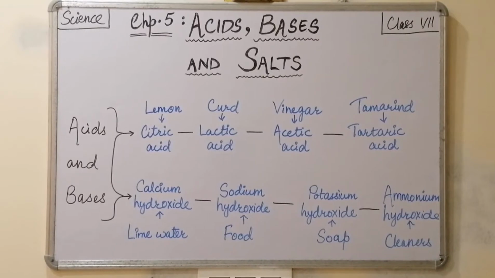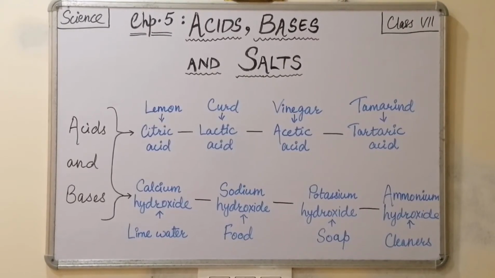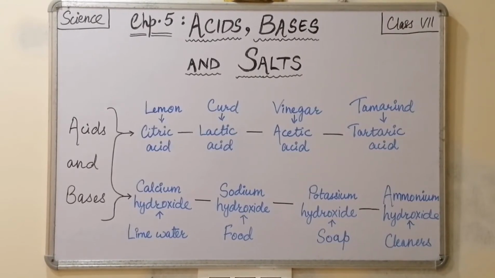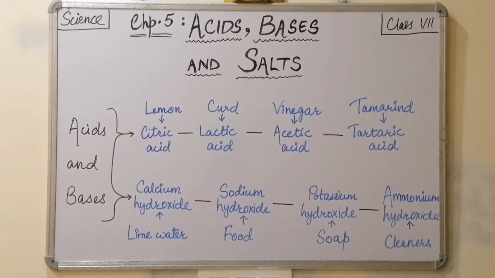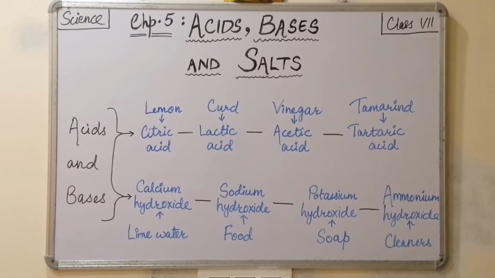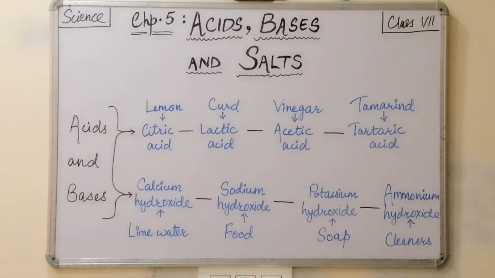Because the salt, sodium chloride, when it reacts with water, forms sodium hydroxide. And when this sodium hydroxide is present in excess, due to excess salt, it gives a bitter taste. So your salt does not have a bitter taste; it is the base sodium hydroxide, which is formed in more quantities when salt is added.